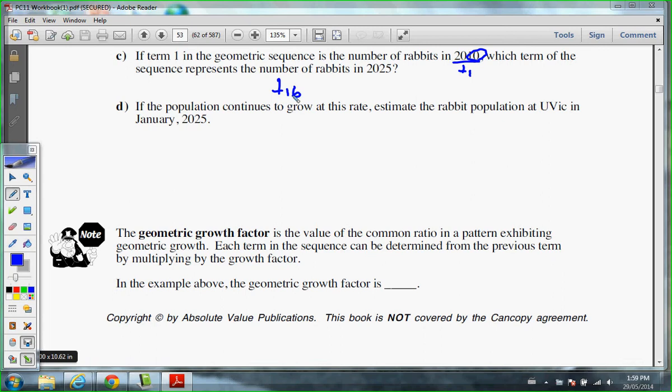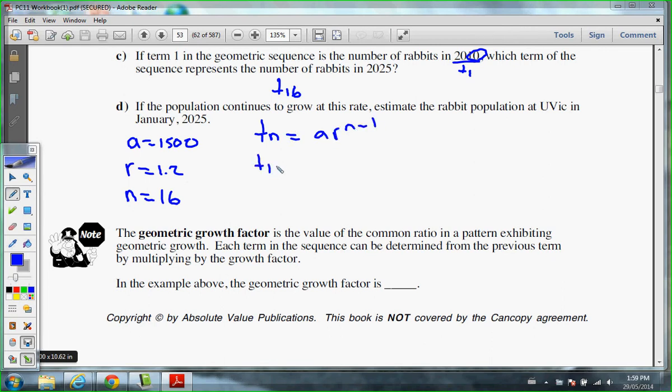It says its population continues to grow at this rate. Figure out January of 2025. Our A is 1,500. Our R, we know, is 1.2 for growth. Our N, remember, is 16. We're going to use the general form: T sub n equals A R to the n minus 1.